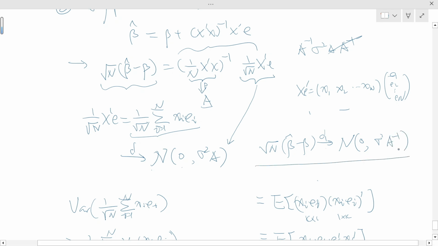So that's the limit distribution. It is asymptotically normal.